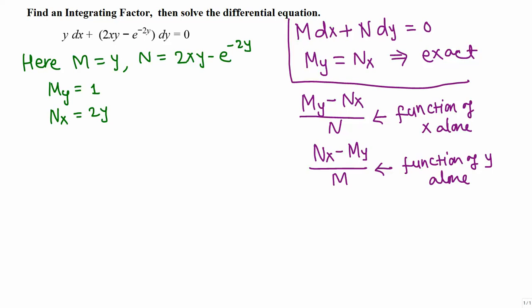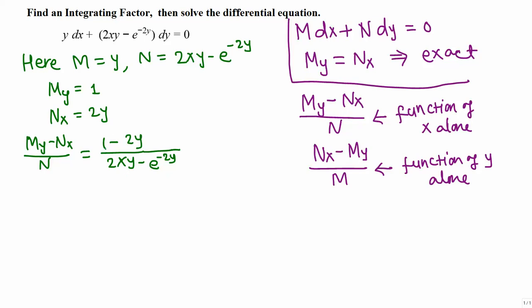Okay, let's check that. Let's find M_y minus N_x over N. So M_y minus N_x over N is 1 minus 2y over N. N is 2xy minus e raised to negative 2y. Okay, and this is not a function of x alone.